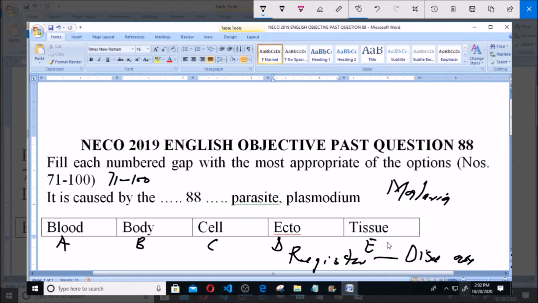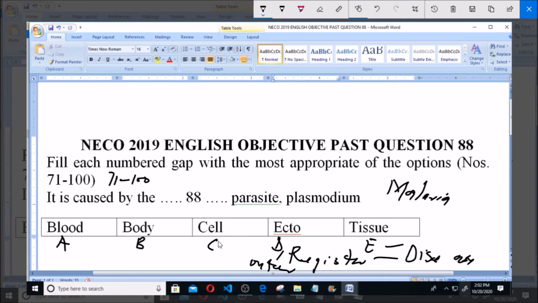We all know what tissue is. It's a strong matter in the body, while ecto simply means the outer infection on the body.